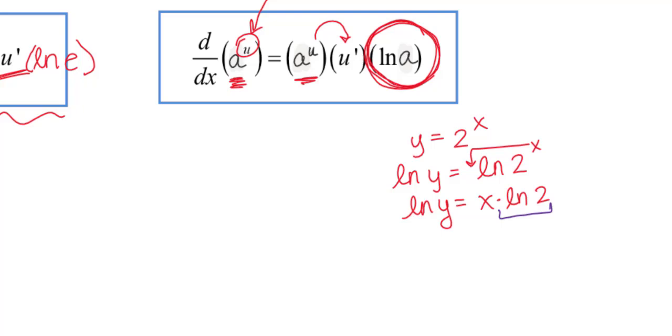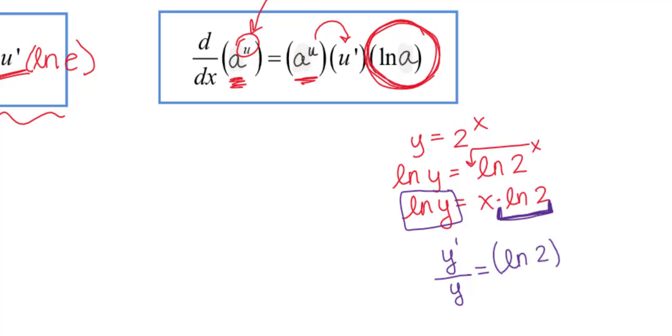So now that I'm ready to do this, the derivative of natural log of y is the derivative of that argument, or y prime, over itself, y. And the derivative of x times natural log of 2, well, again, natural log of 2 is a coefficient of x, so that derivative would just be natural log of 2.